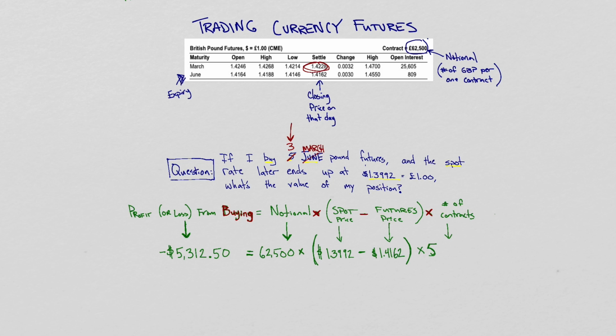So instead of 5, it's going to be 3. And instead of the futures price being the one from June, it's going to be the one from March, 1.4228. And then the rest carries through. So the profit or loss from buying 3 March futures contracts amounts to $6,562.50.